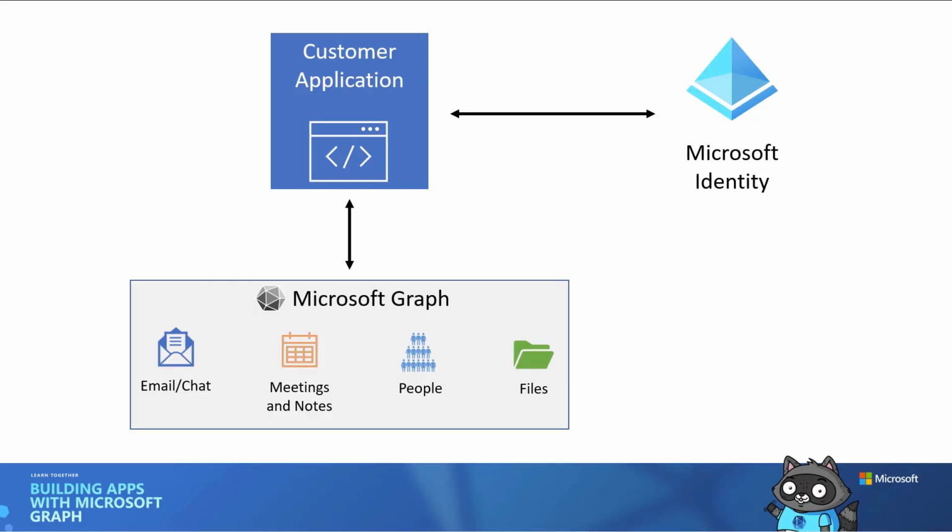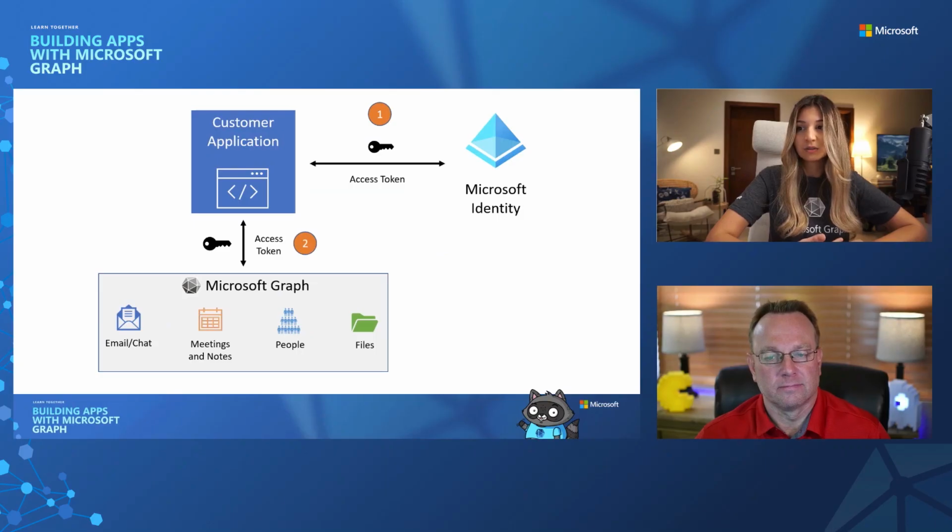So in our application, our user asks for an access token from Microsoft Identity. When the user gets the access token from Azure Active Directory, then we can call Microsoft Graph using the access token. Basically, we are using the access token as a proof of the user. So we know that that's the right user for us. And then we bring the user's events. So does it make sense?